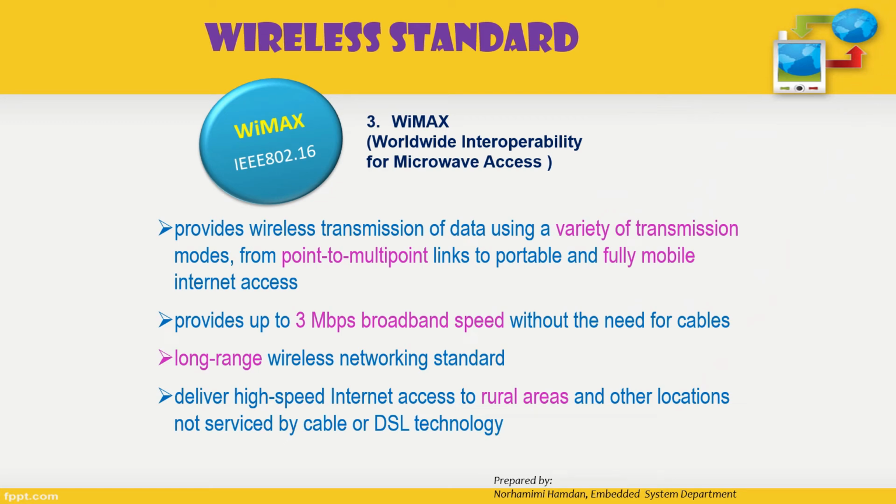Our third group of wireless standard, of course, you can imagine how far or how big the communication range is from its name, worldwide. This WiMAX, IEEE 802.16, provides wireless transmission of data using a variety of transmission modes, from point to multipoint, link to portable, and fully mobile internet access.